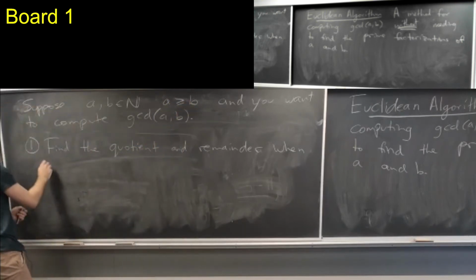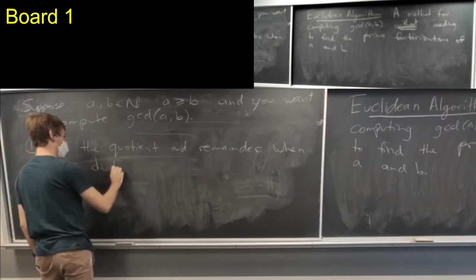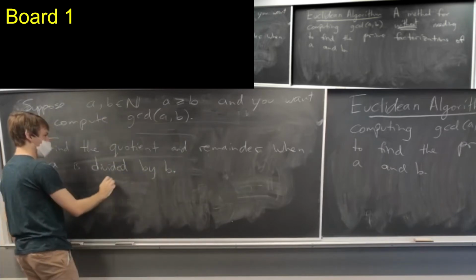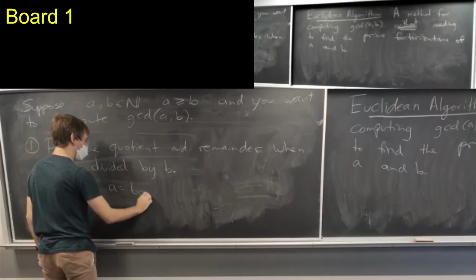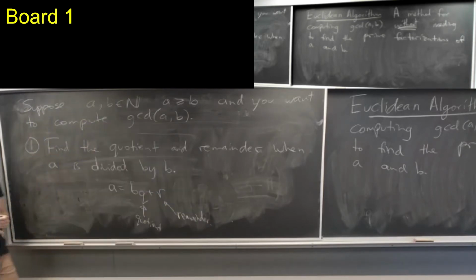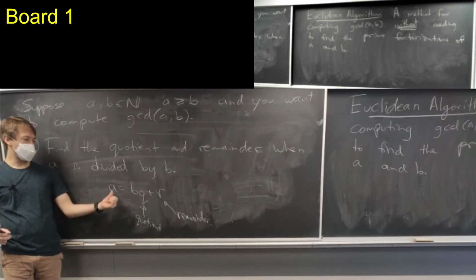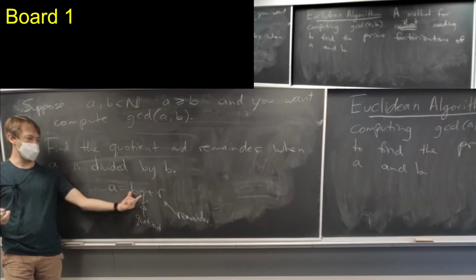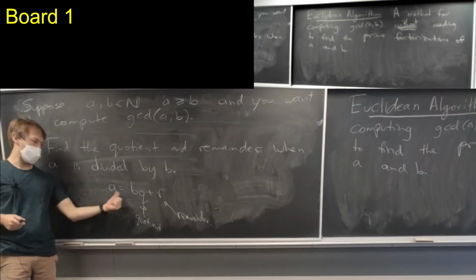So when A is divided by B, the quotient is going to be q, and the remainder is r. We remember how to do this, right? If I want to get the quotient, I take A over B and round it down. And then you can get the remainder by subtracting, taking A minus B times q.